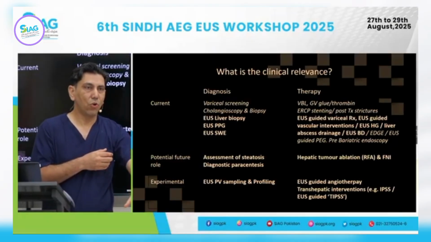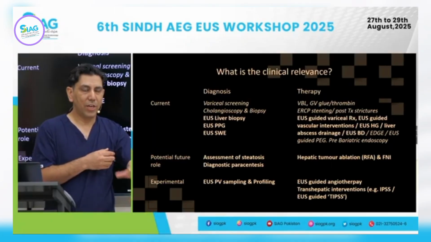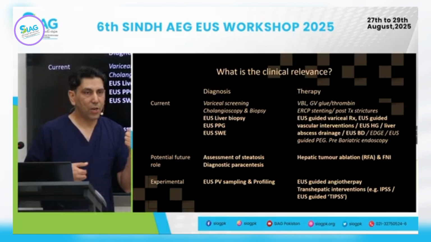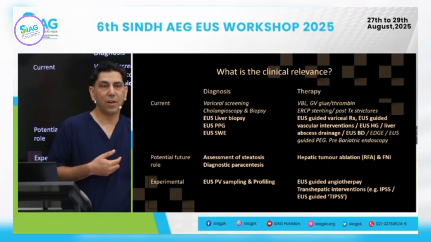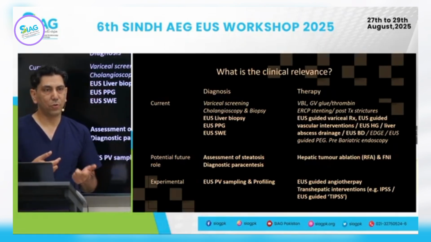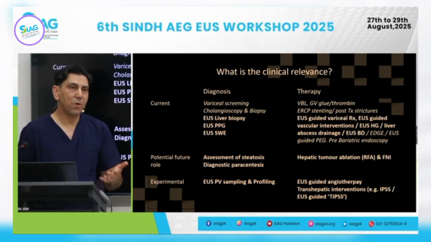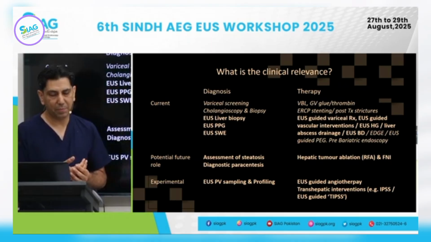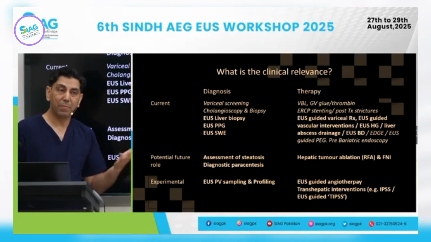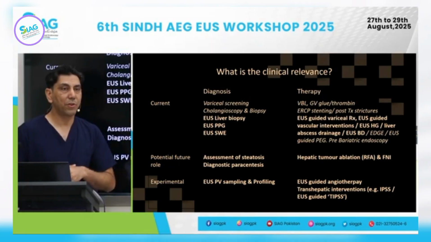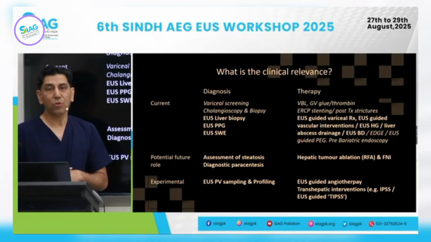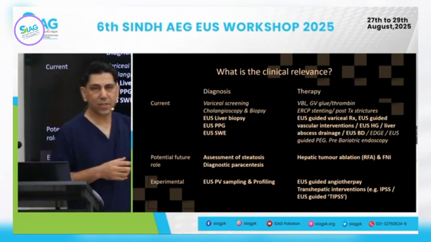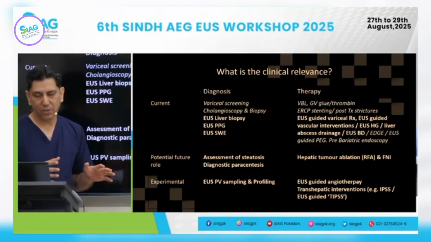If there's a patient with a caudate lobe lesion, which cannot be safely sampled through the percutaneous approach, where you cannot actually do a microwave ablation or an RFA through the percutaneous approach, what are we going to do? With EUS availability and advances in the innovations and the therapies, we are now able to safely biopsy, and in cases be able to do radiofrequency ablation, even for the hepatomas, which was previously not possible.